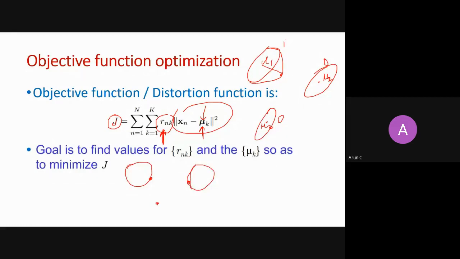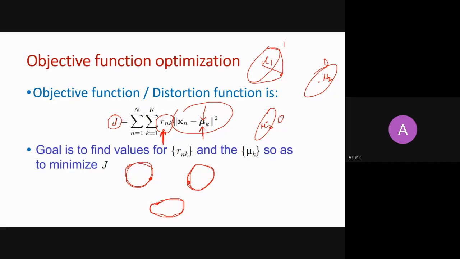And this is your cluster 3. Because all these points were near to mu1, you have taken this as cluster 1. These points are near to mu2, that's why you said that all these points belong to cluster 2. And these points are all near to mu3, and hence you said this is cluster 3.